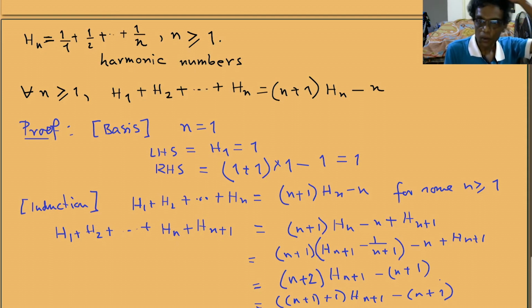Okay, so we will take up the case of harmonic numbers from time to time. There is another interesting series that you should already be aware of. These are called Fibonacci numbers. Let us prove some statement about Fibonacci numbers using induction.